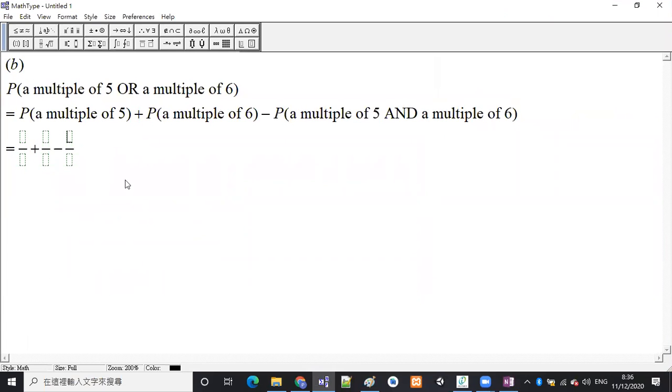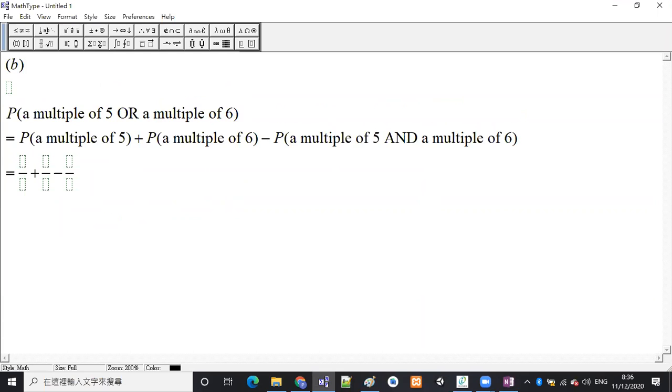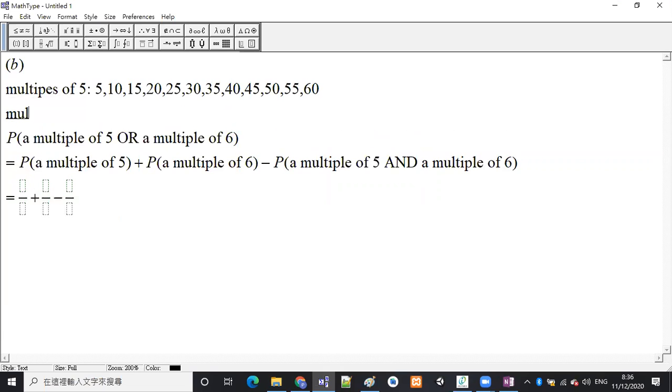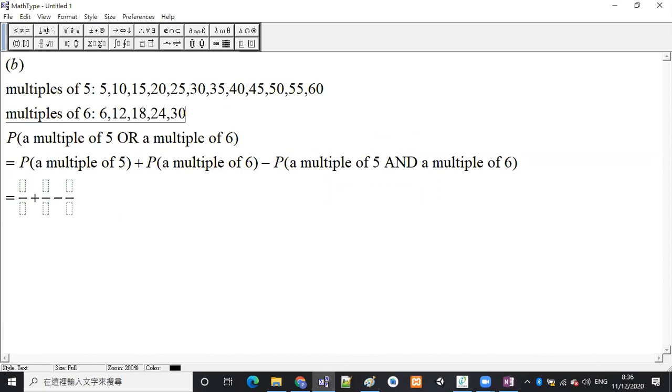Let us list out the multiples of 5 first: 5, 10, 15, 20, 25, 30, 35, 40, 45, 50, 55, and 60. And then multiples of 6 will be 6, 12, 18, 24, 30, 36, 42, 48, 54, and 60.